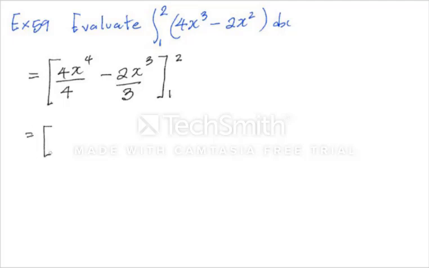So this is going to become x to the 4th minus 2/3 x cubed, from 1 to 2.